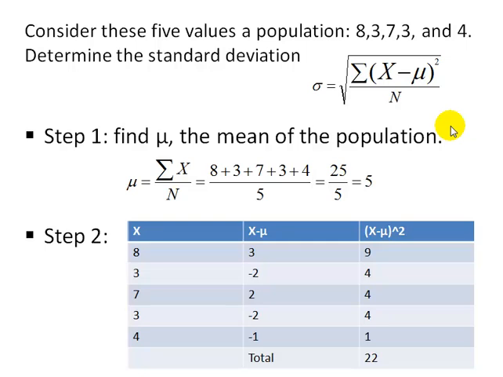Again, I want to emphasize one thing: remember in this chapter, our goal is to find the center of the data. So mean, median, and mode help us find the center of the data. And the standard deviation measures how each value deviates from the center of the data.